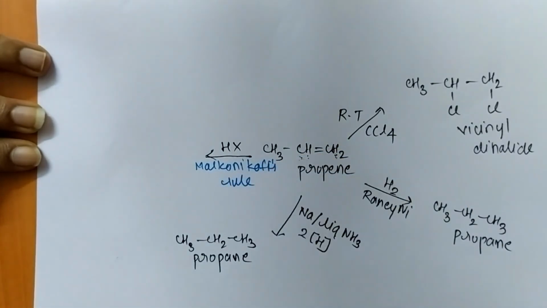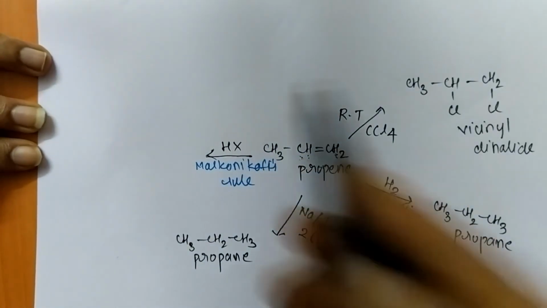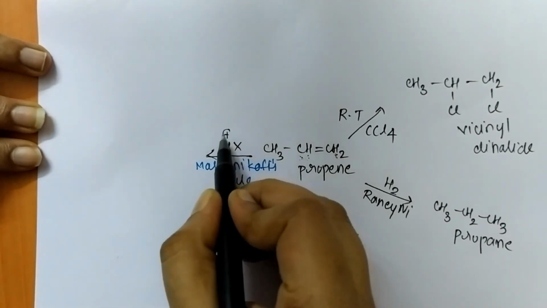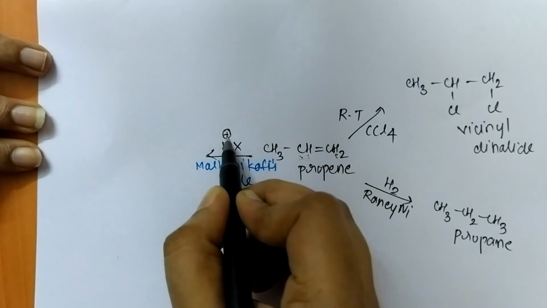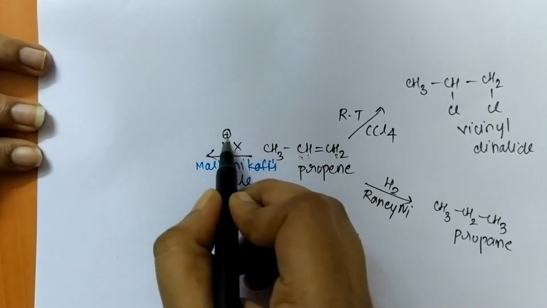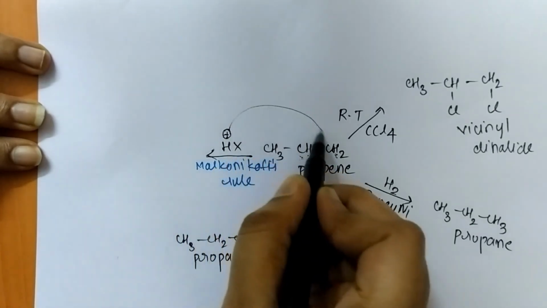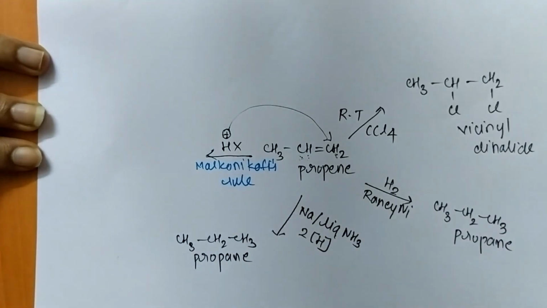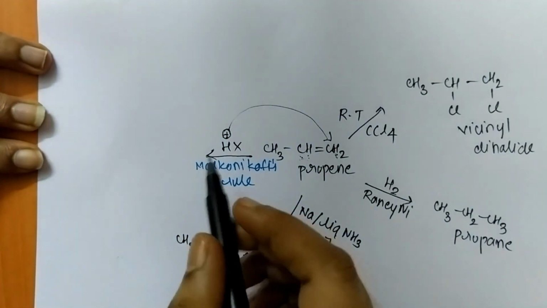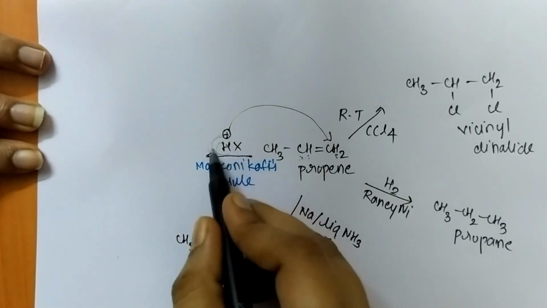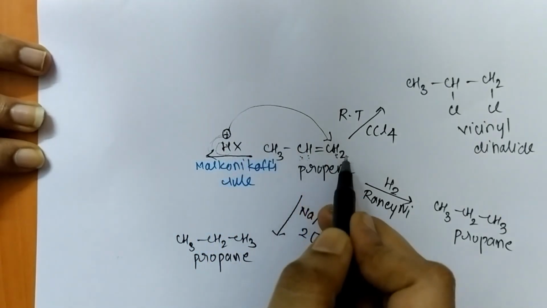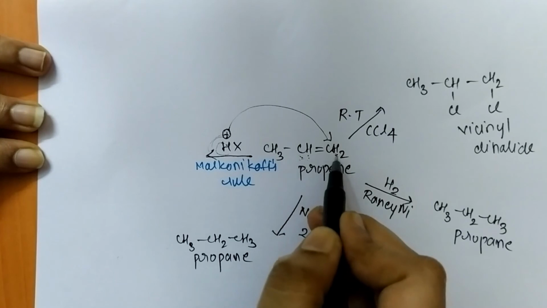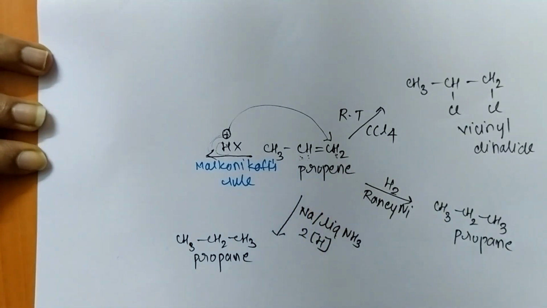As per Markovnikov's rule, the positive part of the hydrogen halide, that is H, is going to get added to the carbon atom having the greatest number of hydrogen atoms. That is, the positive part of the reagent is going to get added to the carbon atom attached to the double bond having the greatest number of hydrogen atoms.